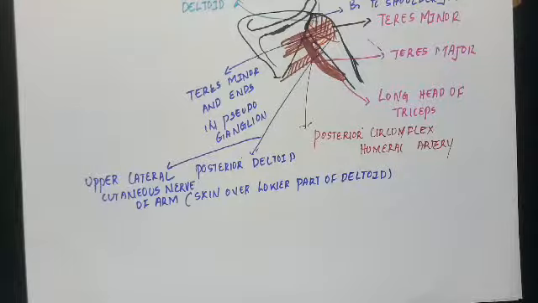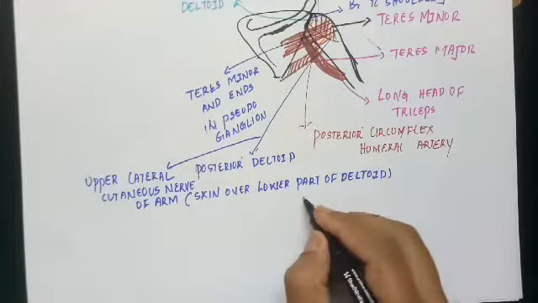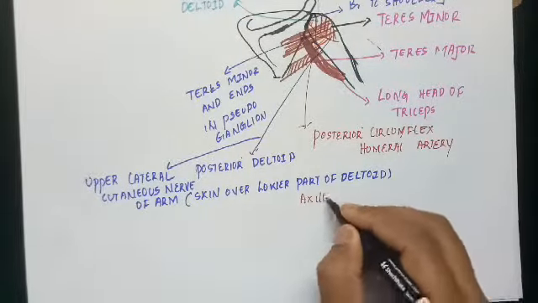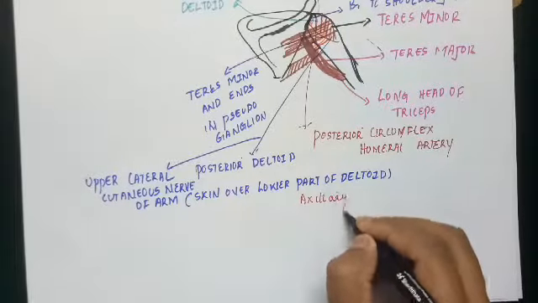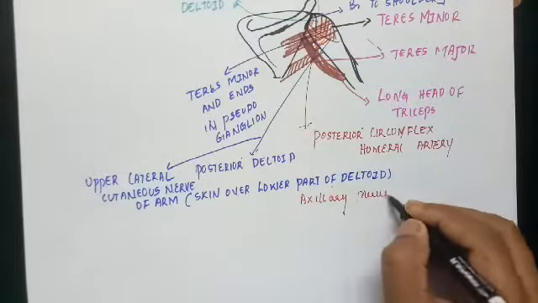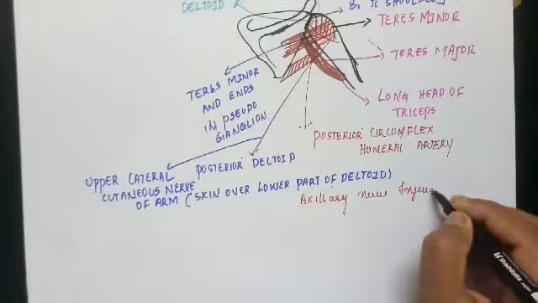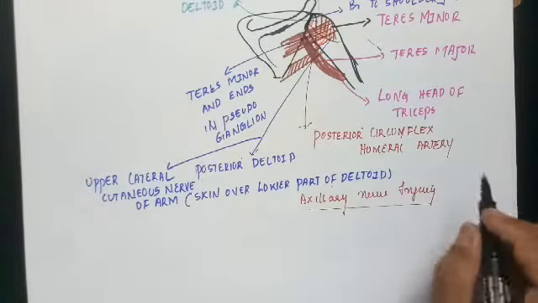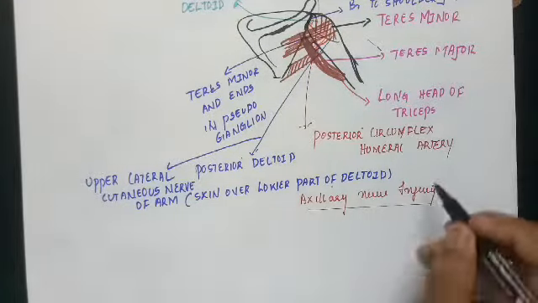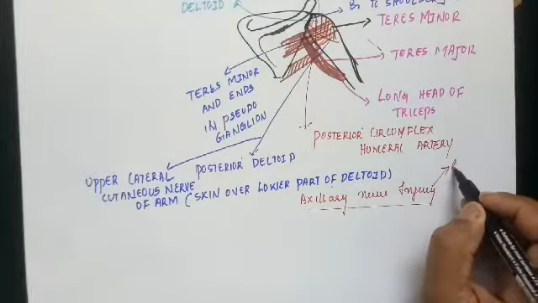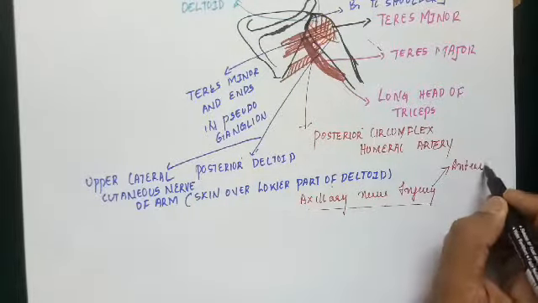Now what happens when the axillary nerve is injured? It can get injured in two cases. One is anterior dislocation of the shoulder.